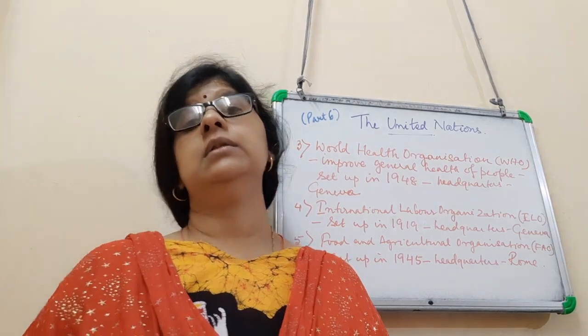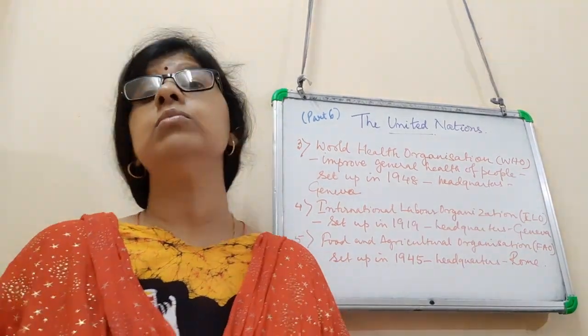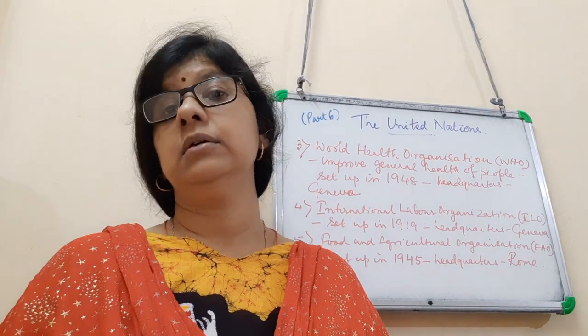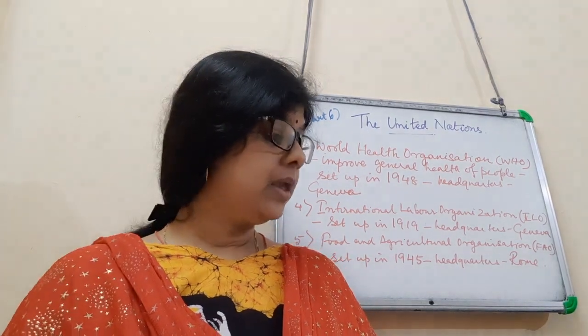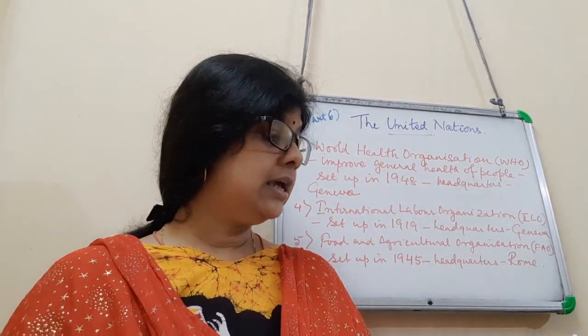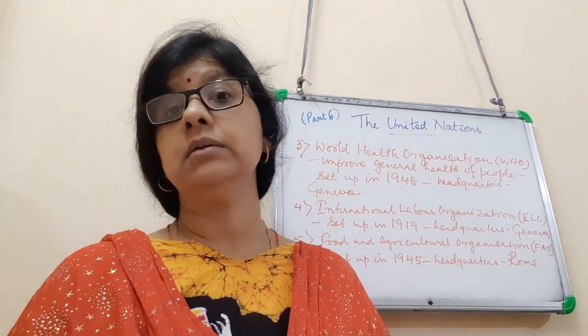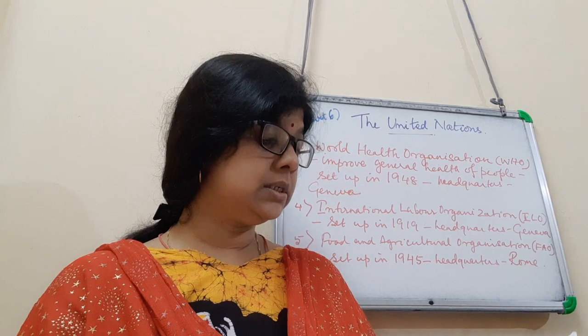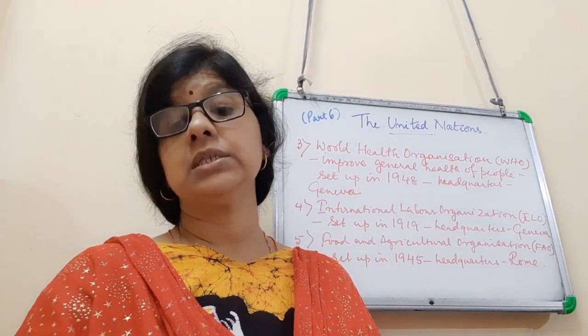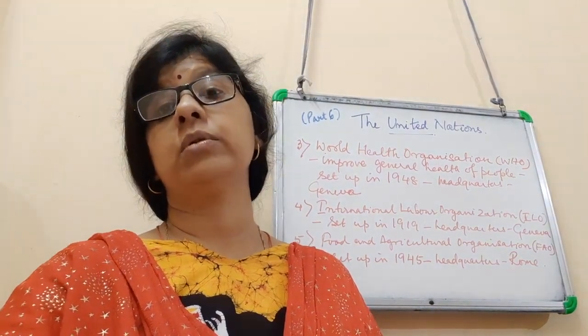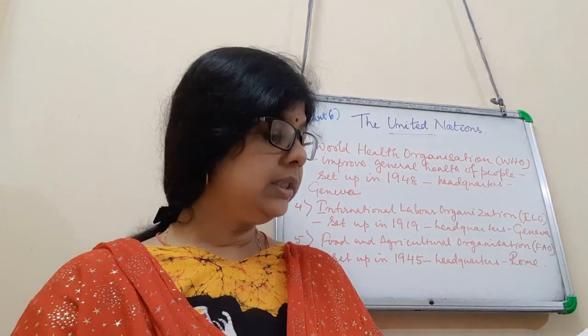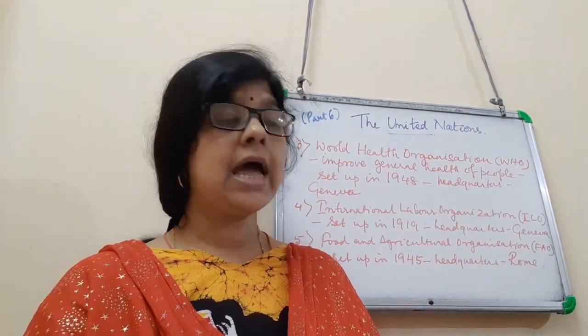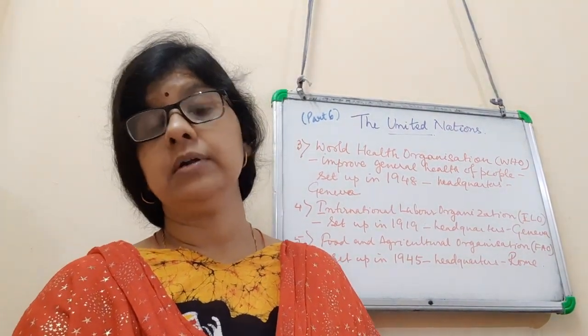India has been successful in eliminating polio by creating such awareness. Malaria is a disease spread by mosquitoes. Tuberculosis. Cholera is a waterborne disease. So all these diseases, and it provides medical relief.